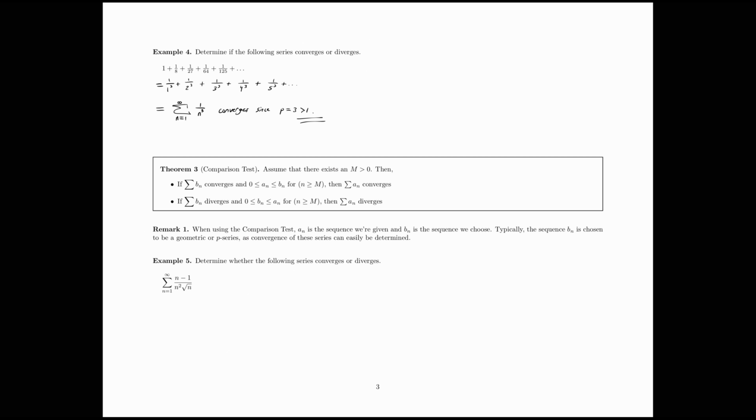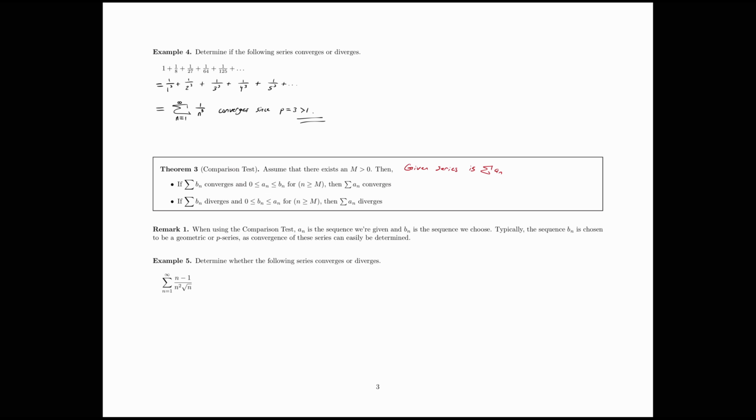And then we want to try to find another series whose terms are ordered in such a way. By ordered, I mean there is some sort of inequality where the given series, our starting series, is the series of a sub n.